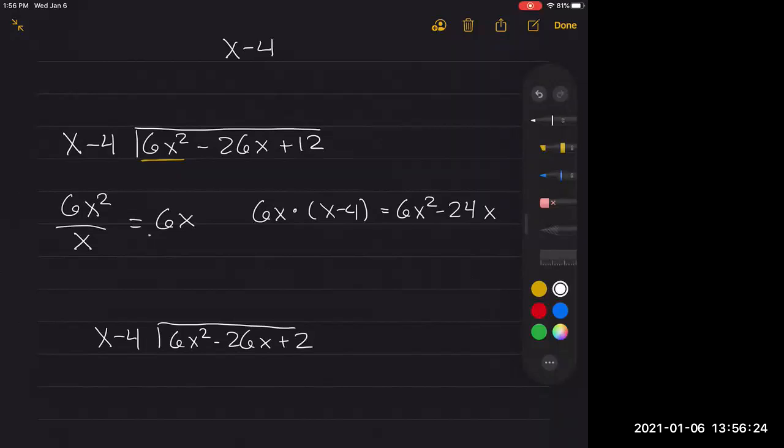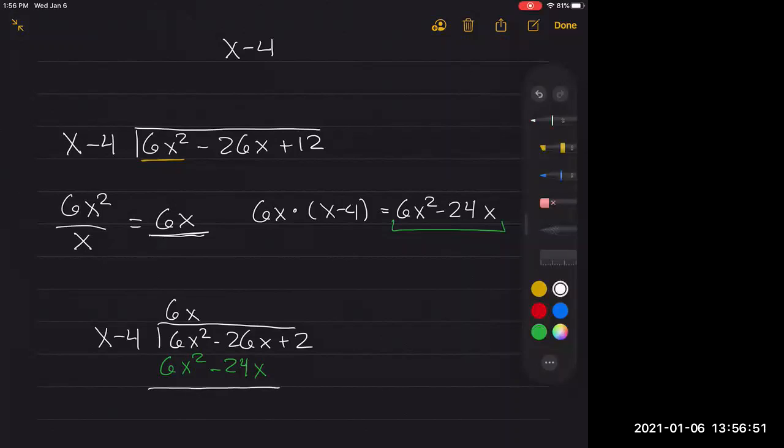We're going to take this 6x that we found and put it above our 6x squared. Oh, sorry, there's no squared. And then we're going to take the bit that we found here and write it underneath here. We're going to write 6x squared minus 24x.